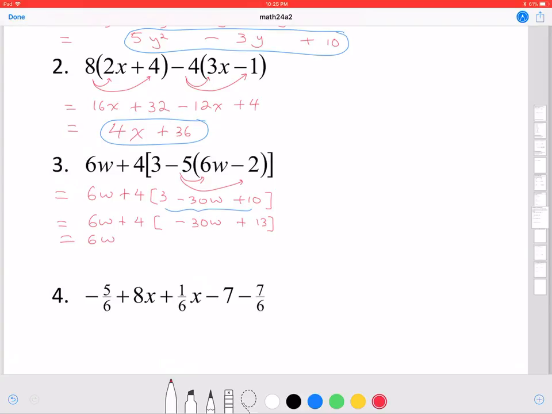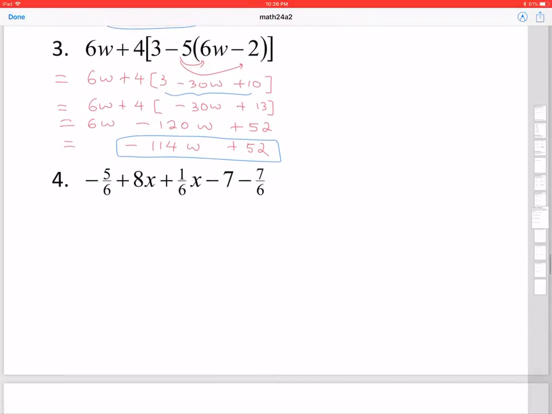So 4 times negative 30 is negative 120w. 4 times 13 is 52. I'm almost done. All I need to do is combine 6w with negative 120w, which should be negative 114w plus 52. And that should be the answer for problem number 3.